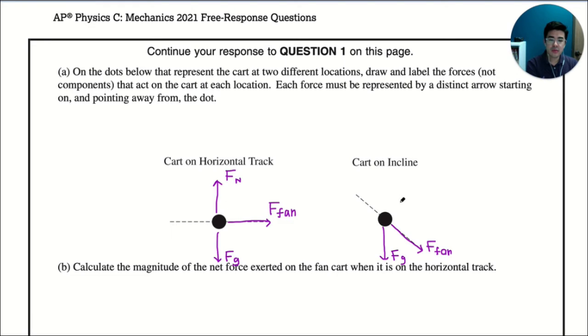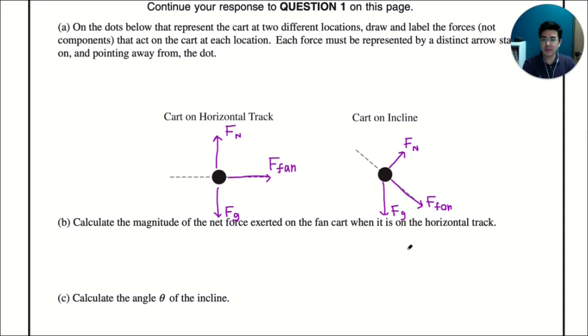Here, since the normal force has to be perpendicular to the surface, this normal force is actually going to be smaller because it's going to equal the cosine component of the weight force. And maybe I'll show you that later. But here, I think there's only 3 arrows in each direction because there's no friction acting on the system. Please remember it says don't do components, so you do not want to split up this FG force, even though you will need to do it eventually for part of this problem.